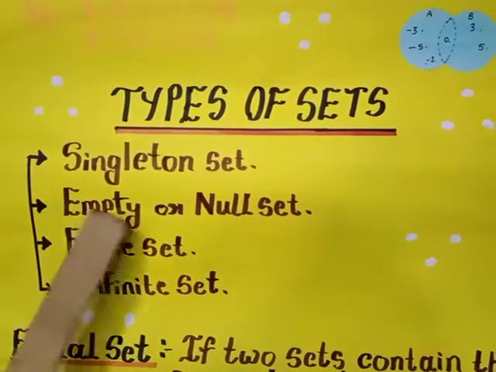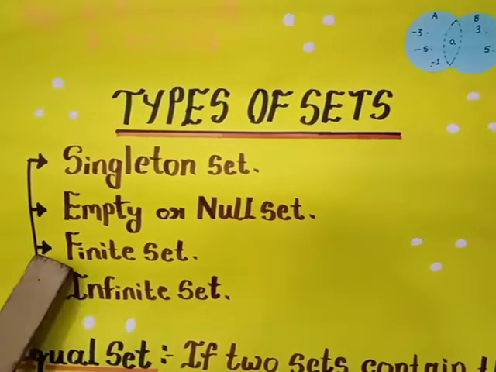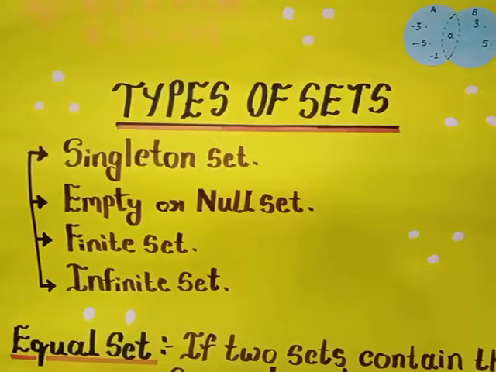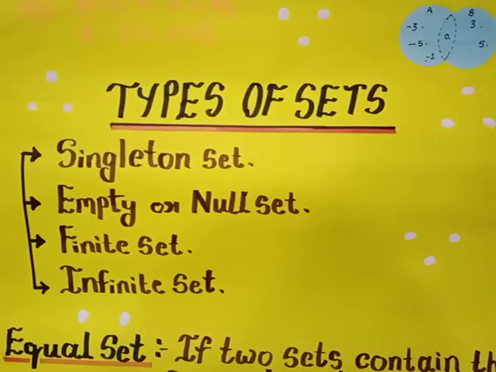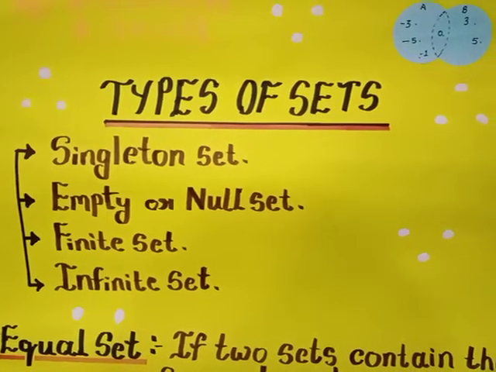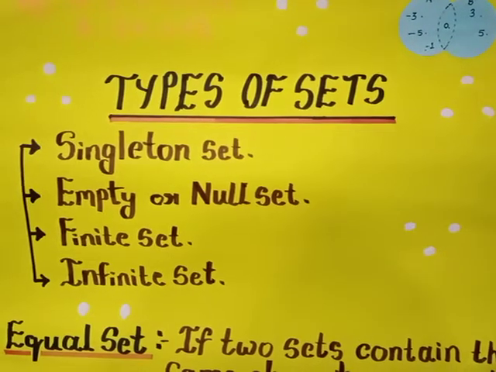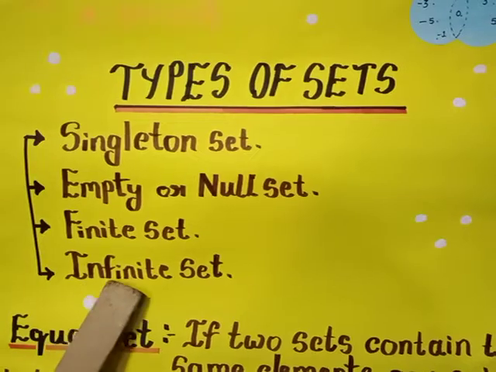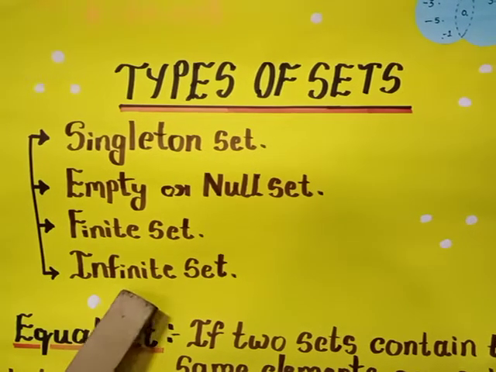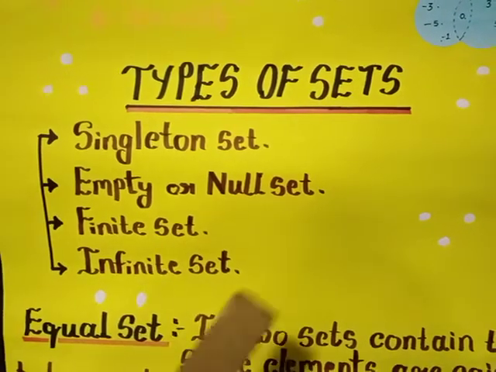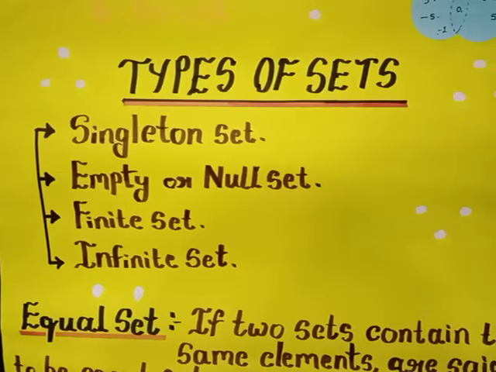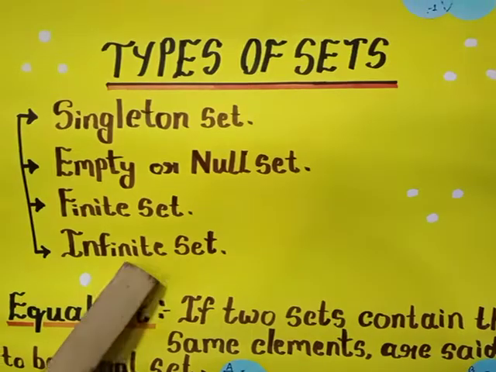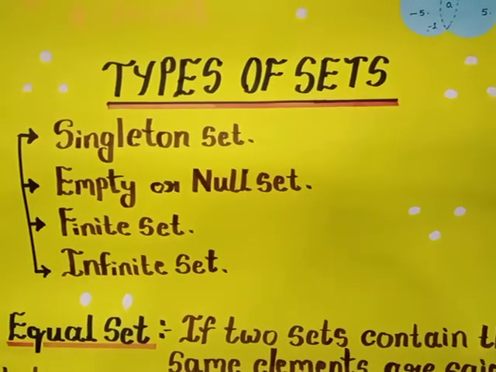The next one is the finite set, a set which has a limited number of countable elements, meaning we are able to count the elements. The next one is the infinite set. An infinite set is a set which has an uncountable number of elements. We are not able to count the elements, meaning unlimited elements. That is called an infinite set.